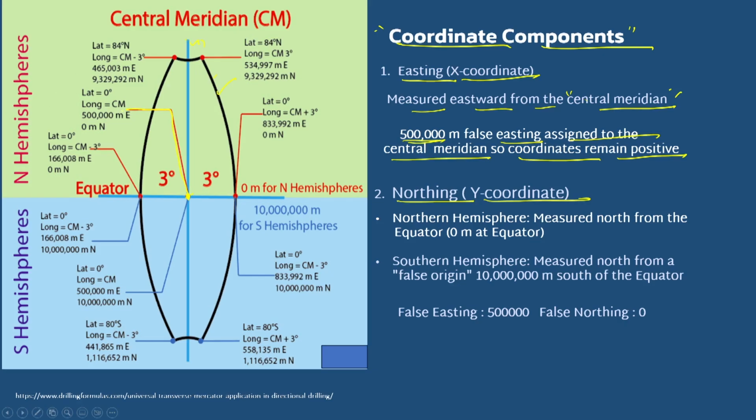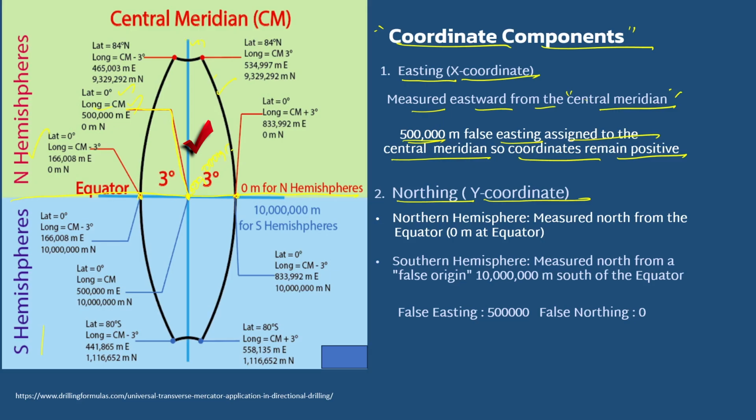Before that we have to understand northing, easting, and what the northern hemisphere and southern hemisphere are. This is the southern hemisphere, this is the northern hemisphere, this is the equator, and this is the central meridian where latitude is 0, the equator, and the central meridian is 500,000 meter east. This is the arbitrary value which has been assigned for every central meridian.